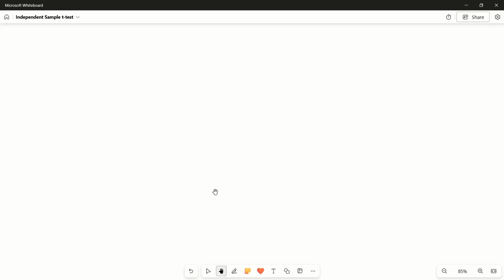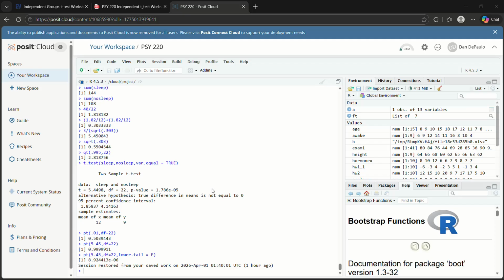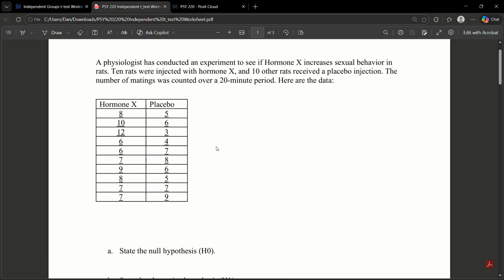So in this first problem, a physiologist has conducted an experiment to see if hormone X increases sexual behavior in rats. 10 rats were injected with hormone X and 10 other rats received a placebo. So there are different rats in each group, therefore it's independent groups design. The number of meetings over 20 minutes is the dependent variable.